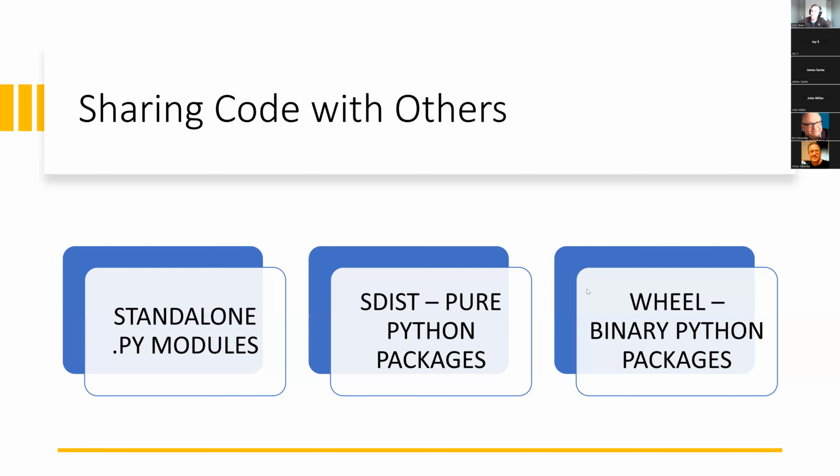So these are binary Python packages in this zip format that can include both pure Python and other things as well. And so those are like the different formats. And then that's kind of these distributions on that slide, where you get a distribution, whether it's a standalone Python module or a source distribution or a wheel, and then you can install it on your computer as well.